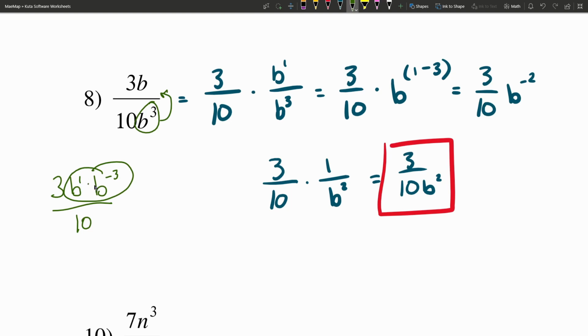B to the 1st times b to the negative 3rd is b to the 1 plus negative 3, which is b to the negative 2. So then we take that negative 2 and put it down in our denominator with a positive exponent. So you can see there's actually many different ways to solve these problems, but because this is a division and exponents worksheet, we're going to continue dividing, so we're going to be subtracting those exponents.